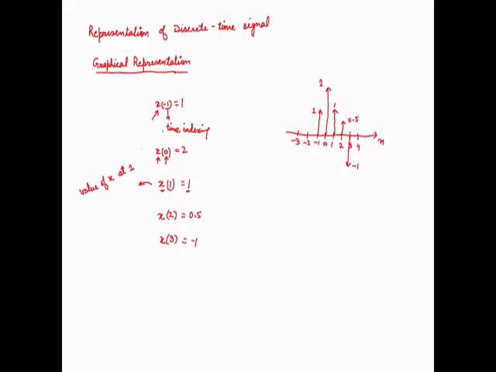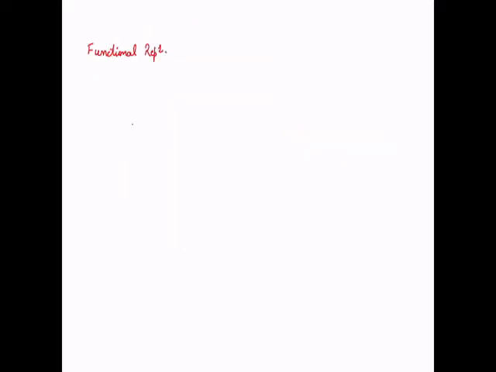So another representation is the functional representation. In the functional representation we are having the value of x at different instants of n. Say it is represented like: the value is 1 for n is equal to -1, the value is 2 for n is equal to 0 and 1.